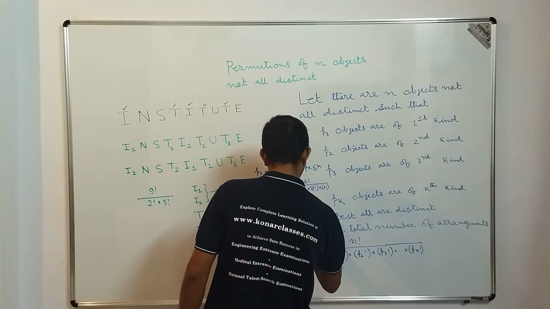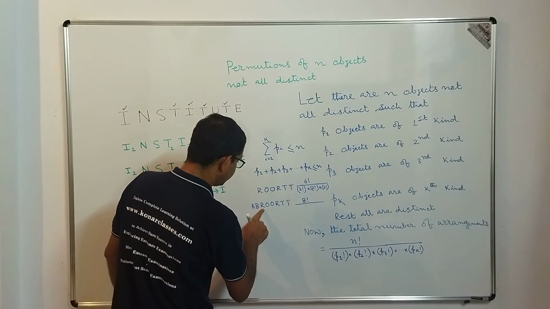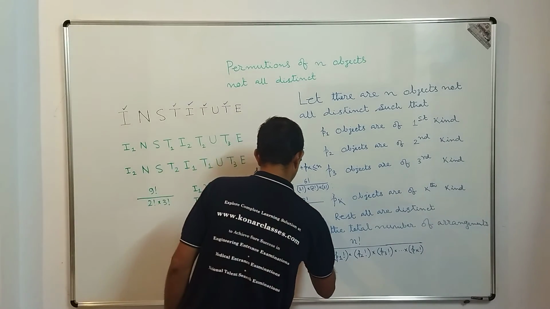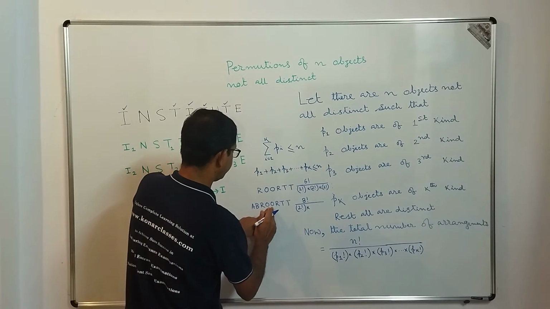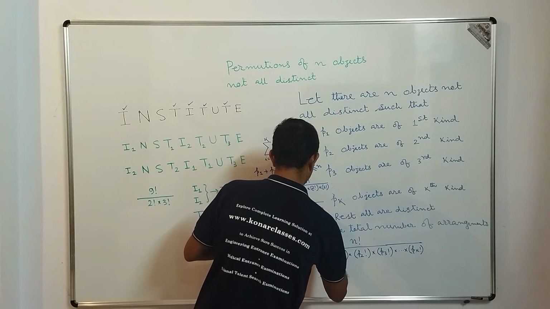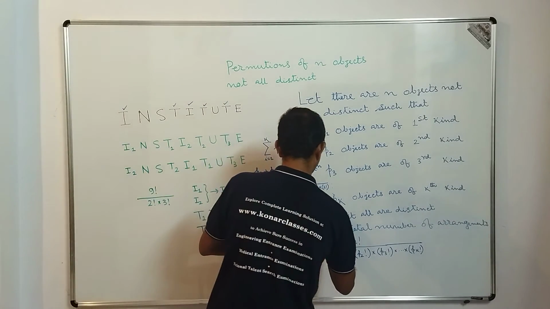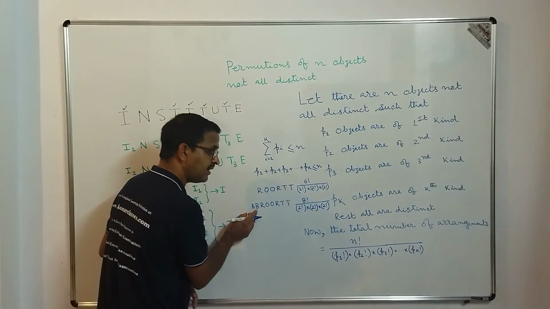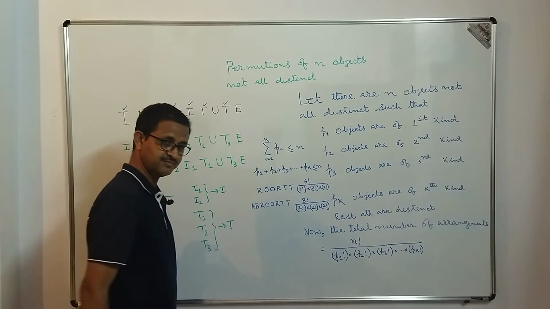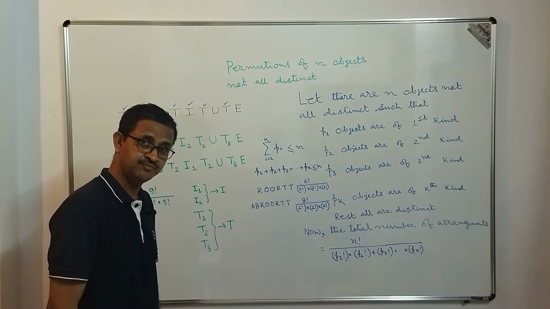So it should be 8 factorial divided by, R appeared twice, so 2 factorial, into O appeared twice, so 2 factorial, into T appeared twice, 2 factorial. The rest, A and B, are distinct, so we didn't consider them. That had been considered when you made it 8 factorial here.